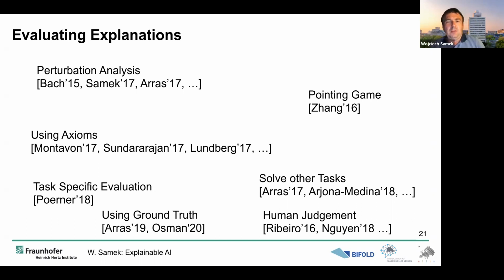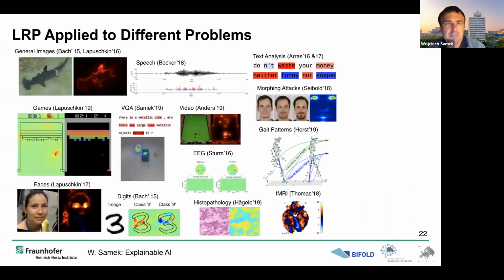So, this LRP has been applied to all kinds of data. This is just our work, or at least a subset of it. So we applied it to images, to videos, to computer games, to medical data, to text, to speech. And then I know from other people, also people in climate science or meteorology, or people in astronomy also use this method to explain their models.